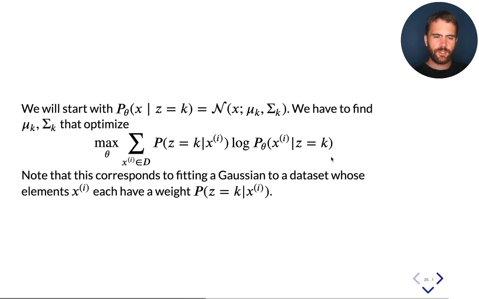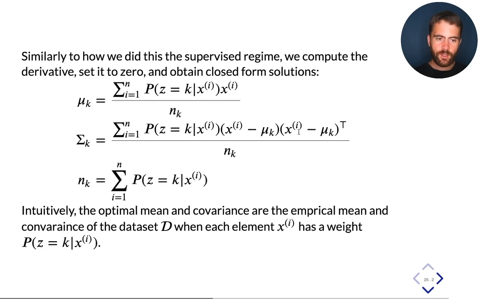So again, the resulting optimization problem is simply fitting and maximizing the likelihood of a Gaussian on a data set that is weighted, and as a result we can also easily compute the solution for this in closed form. You can verify that this is true by taking the derivative of the previous expression, setting it to 0, and solving for these parameters.